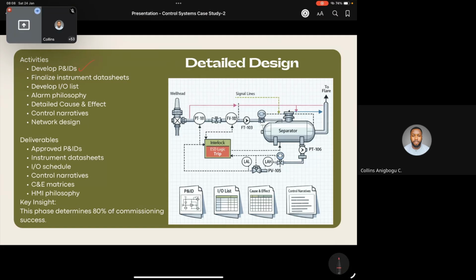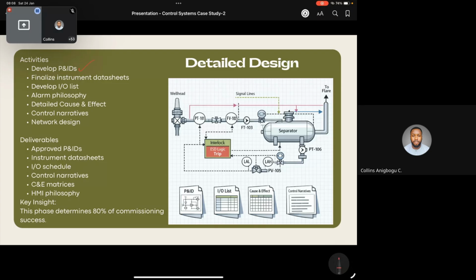In FEED stage, you develop a P&ID too, but it is based on that high level information you have. It is during detailed design that you go into the details of every instrument.